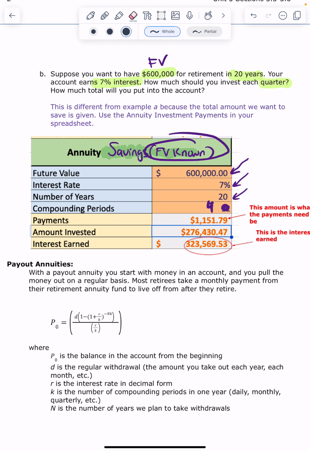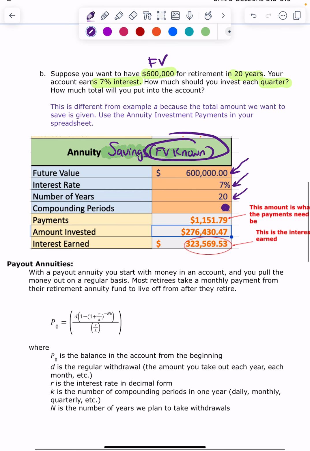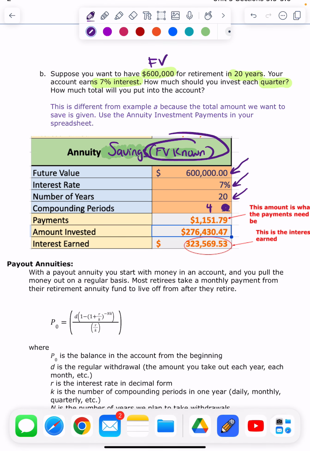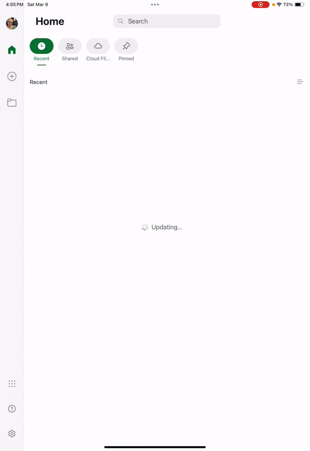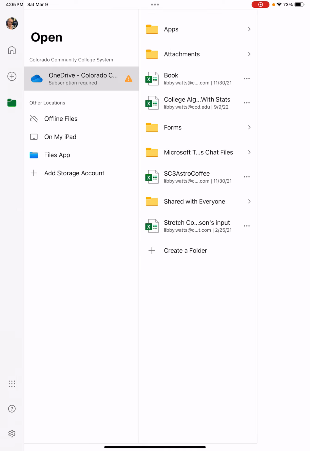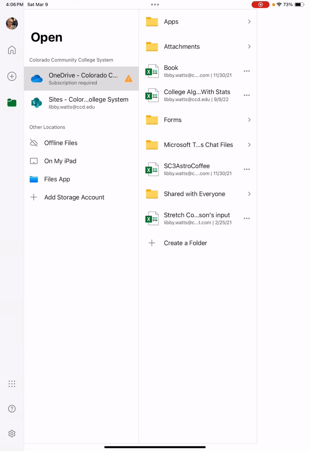Let me try to fix that. All right, so that's going to change some things up. Let me see if I can open this up in Excel. I don't know. Do I have anything in here? Book.